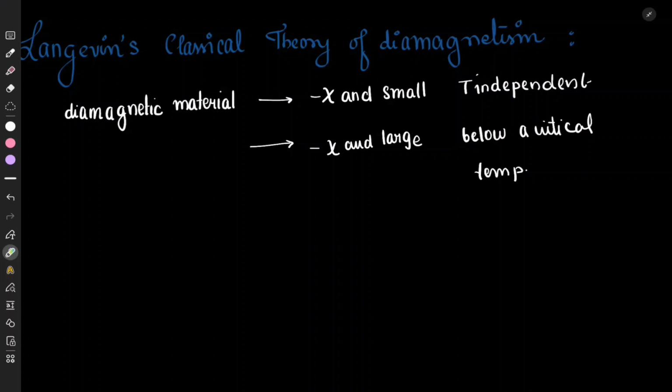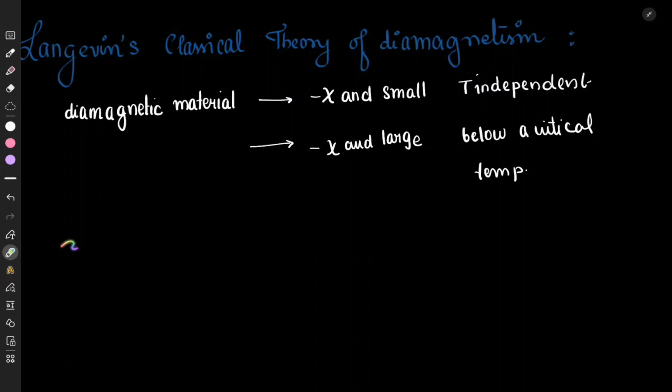Thus we can interpret this as the substance trying to expel the magnetic field from the material. And if the diamagnetic material is kept in a non-uniform magnetic field, then it experiences a force towards the smaller fields, and this repels the diamagnetic material from the permanent magnet. So these are the reasons why we can say that the susceptibility is negative, because it acts in the opposite direction.